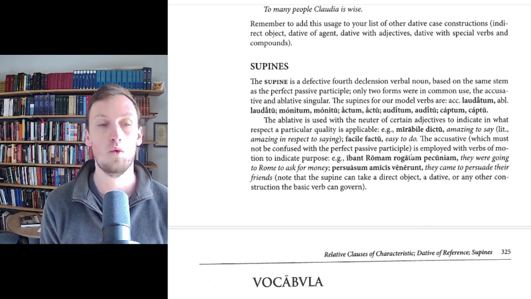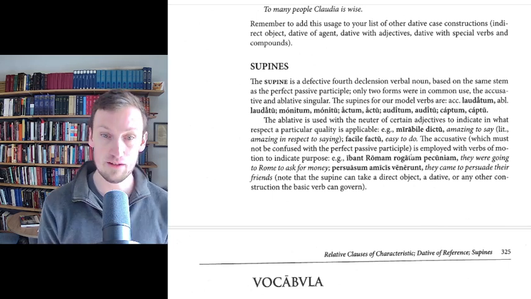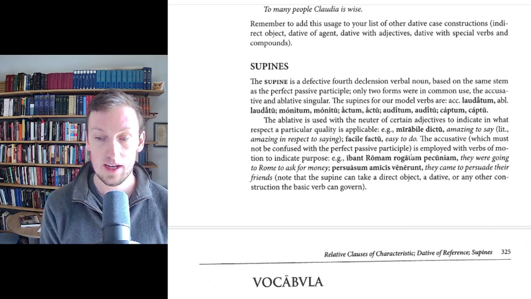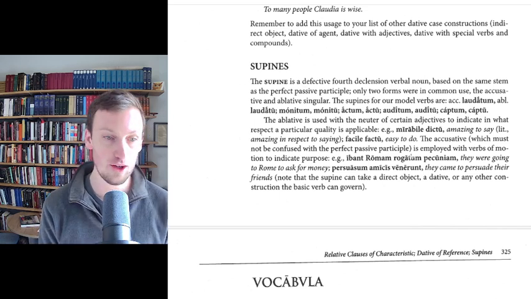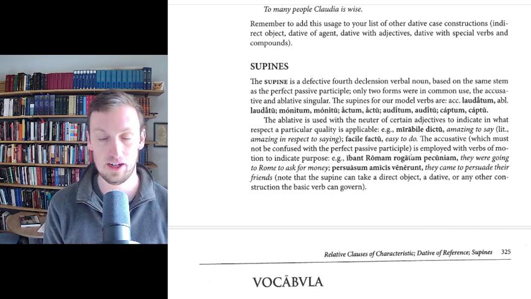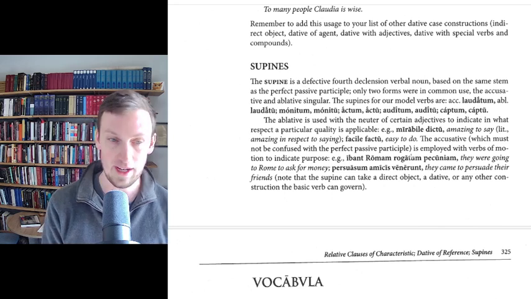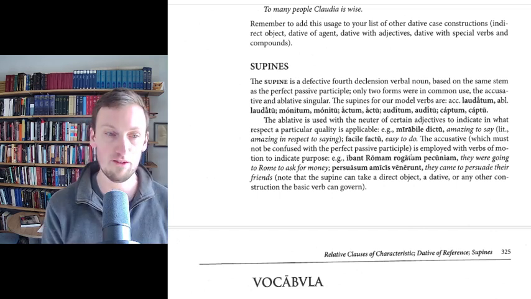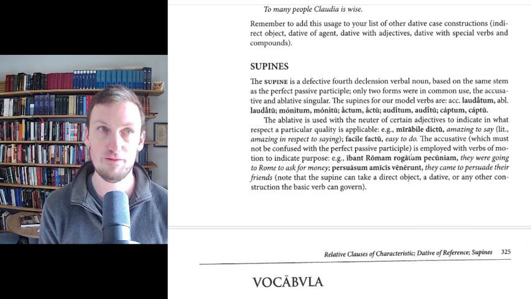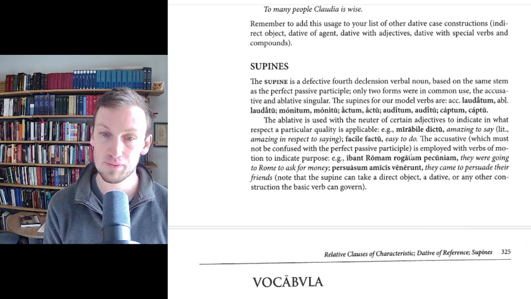So what is it? Well, it's a defective verbal noun, just like the ablative supine. A defective verbal noun, defective meaning just like all the other parts of this have fallen out of use. So we don't have a nominative, genitive, dative use of the supine. They don't have plurals. Whatever else might have made sense as part of it doesn't exist anymore.